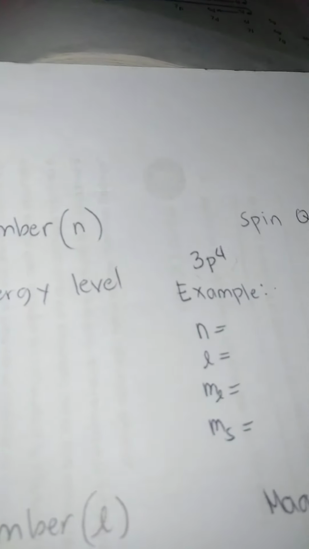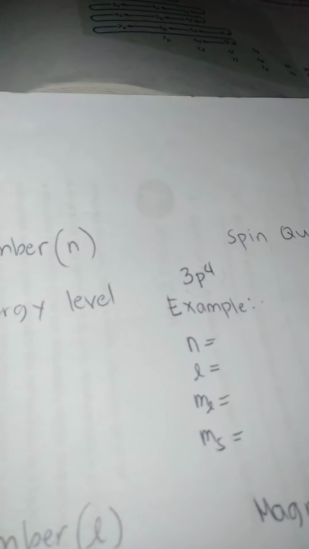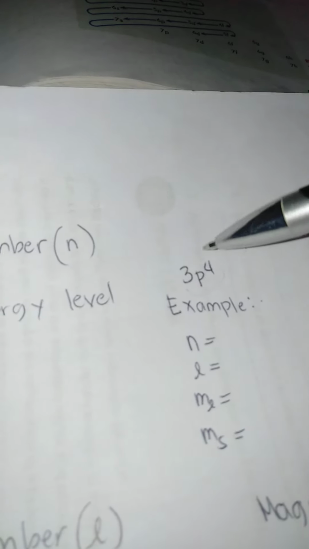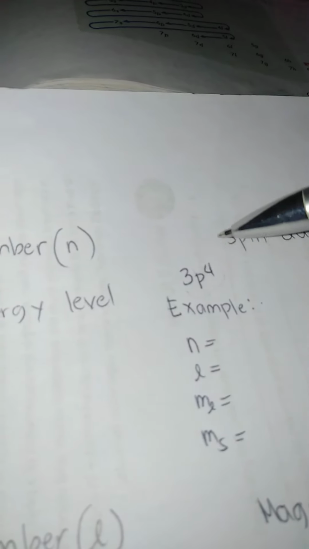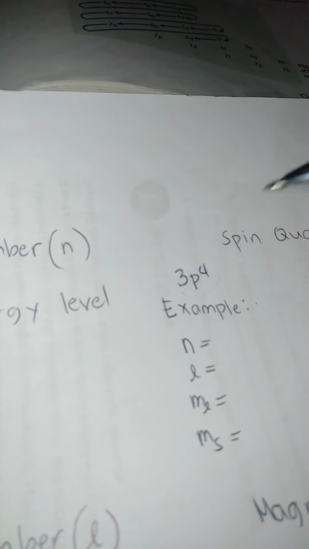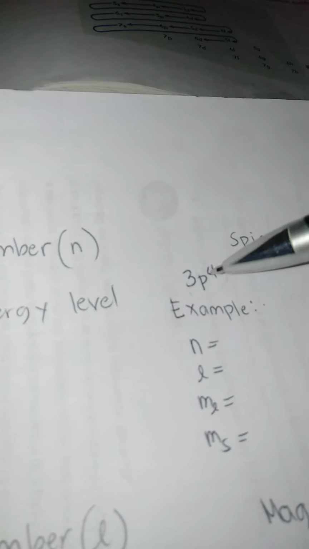In the next lesson next week, we will deal more with this. For now, we have three things, numbers and letters. So we have 3p4.